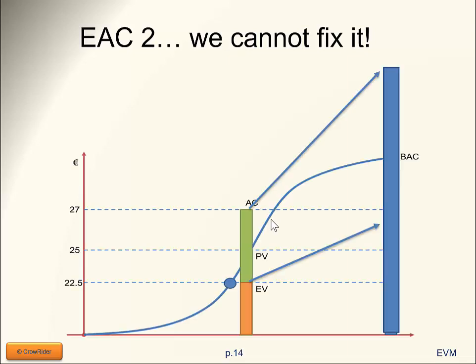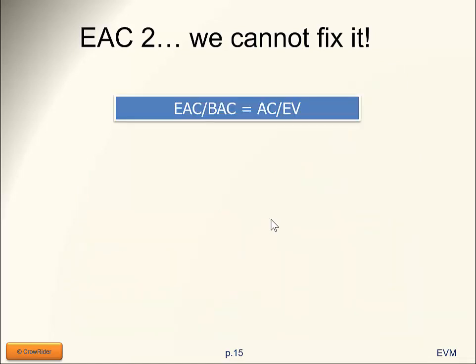The first thing that we want to understand is that what we're saying is that the deviation we've had so far in percentage is the same as the deviation we're expecting at the end in percentage, right? Because we have this deviation which is skewing us towards that direction. So this is the assumption that we're making.